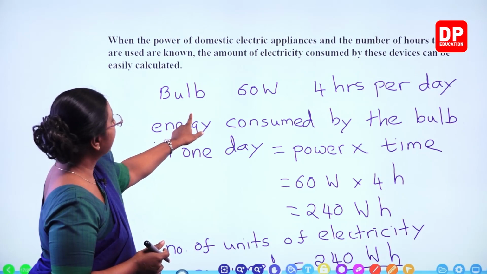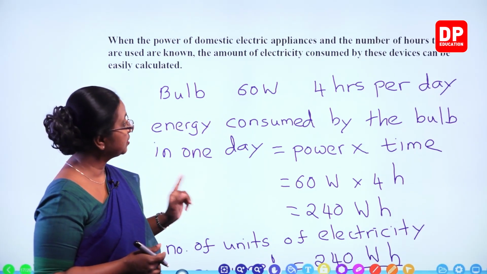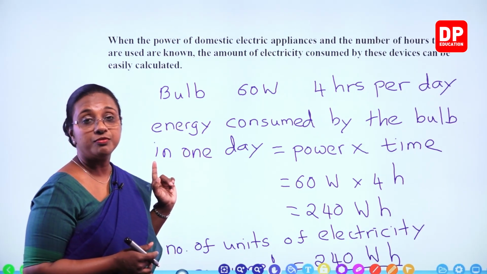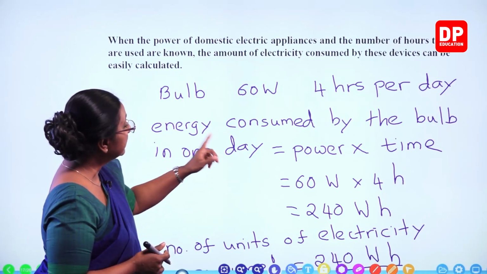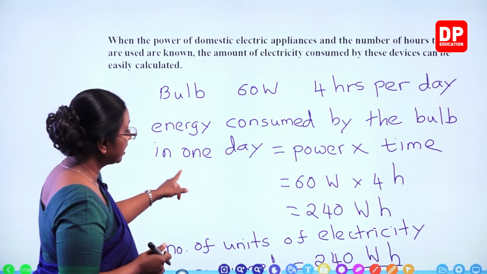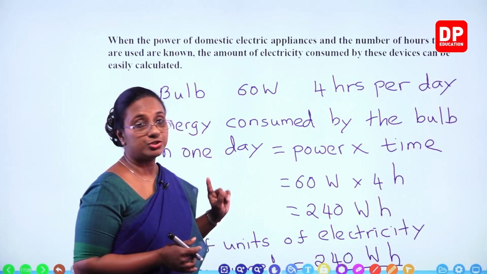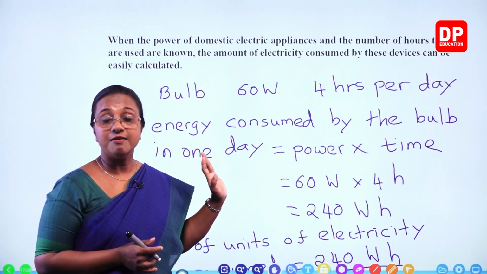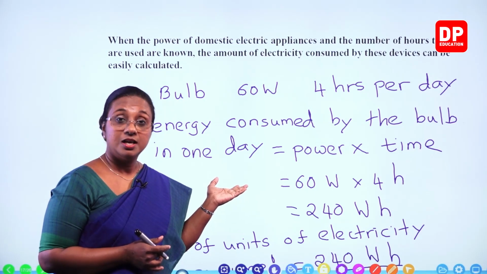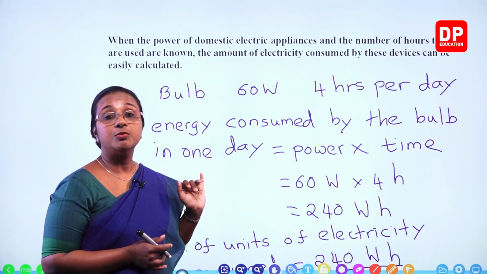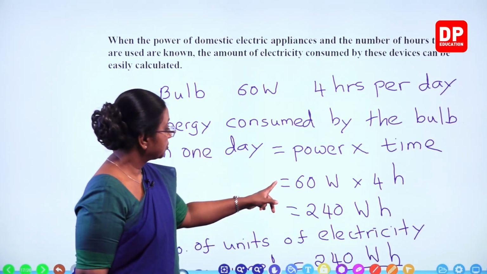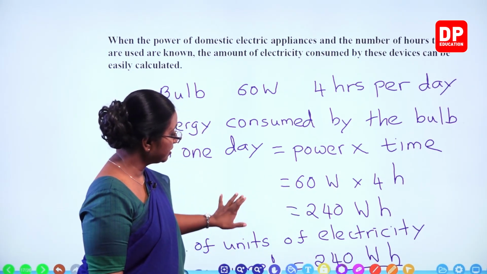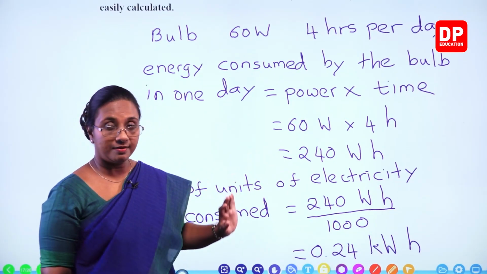So here we have a bulb that has a power of 60 watts and it is used for 4 hours per day. And the energy consumed by the bulb in 1 day is given by power into time. Here, of course, we are considering the time in hours because the commercial unit is kilowatt hours, not joules. So 60 watts into 4 hours, that is 240 watt hours.